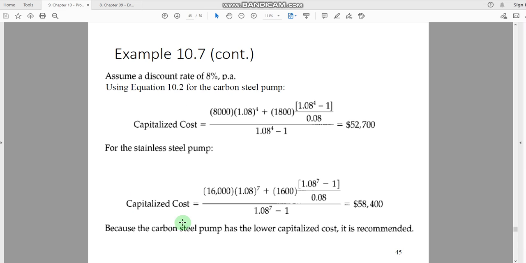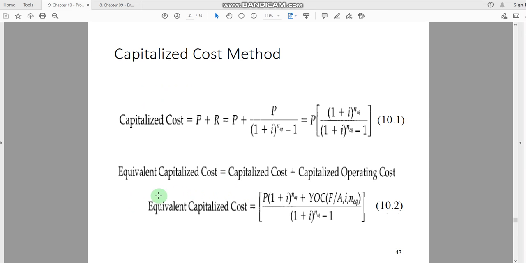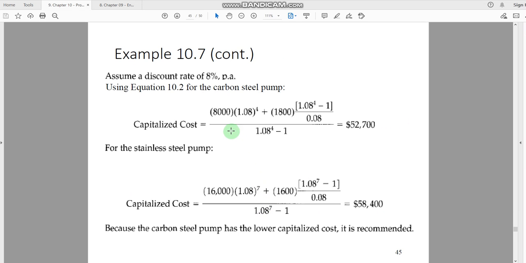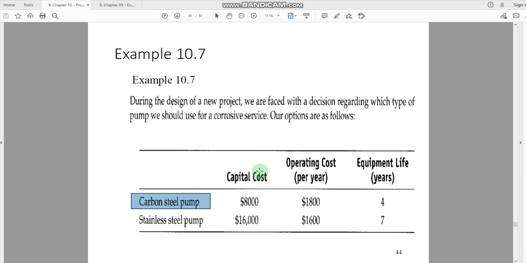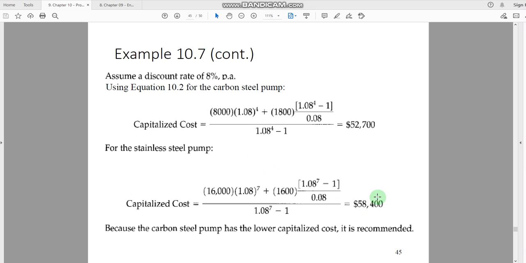Assume a discount rate of 8% per annum. The discount rate is already mentioned in the example, it is 8%. Now we have to calculate the capitalized cost. For that, go back to this equation: equipment capitalized cost, P into 1 plus i with the power n eq. The principal amount is 8,000, then 1 plus i, 1.08, with the power 4, since the operating life is 4 years for this pump.